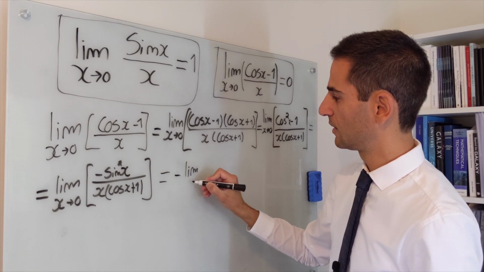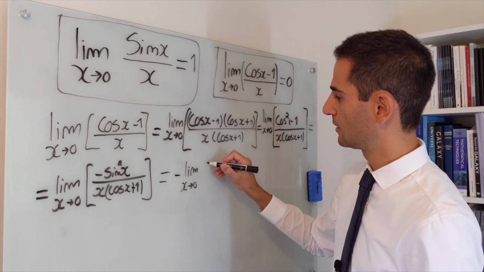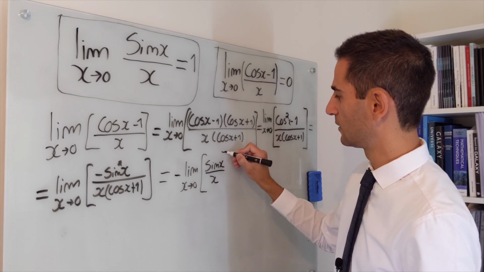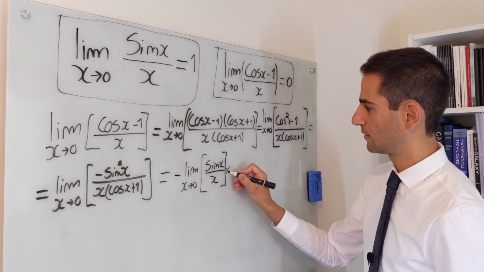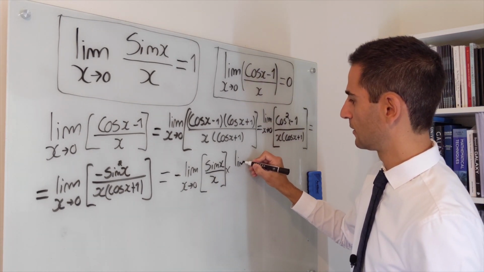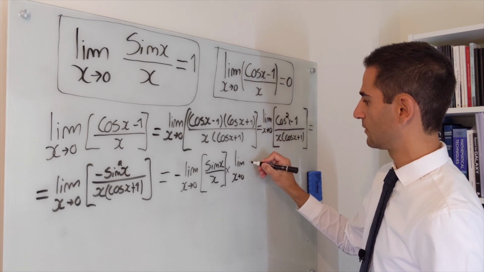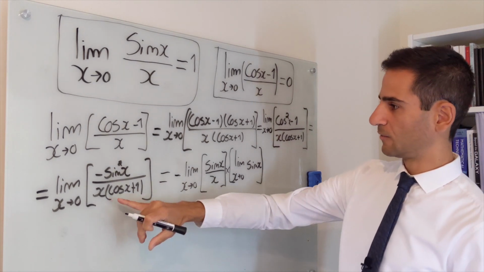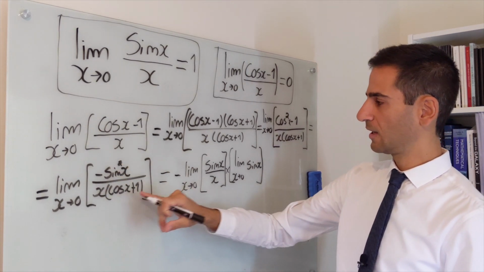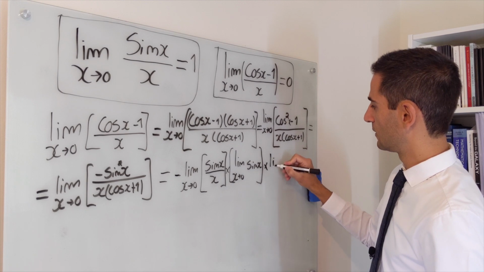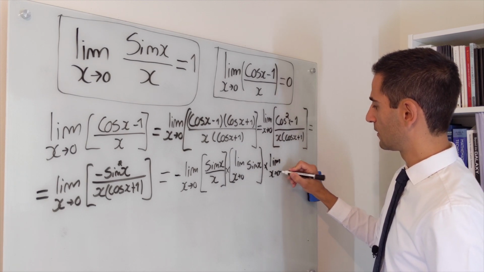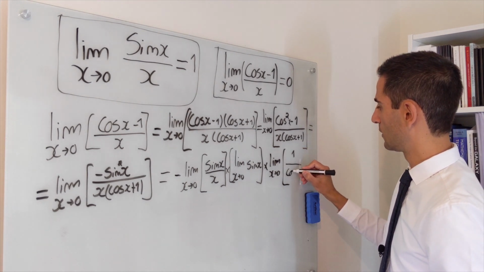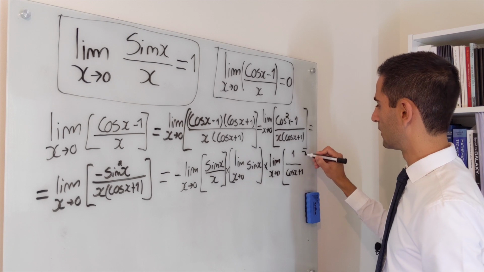So this is the limit when x goes to 0 of sine x over x, times the limit when x goes to 0 of sine x. So we've got rid of x in this term, and then times the limit when x goes to 0 of 1 over cos x plus 1.